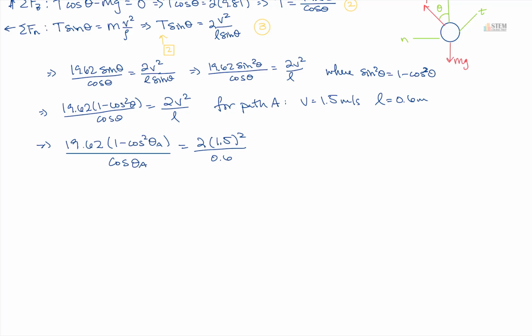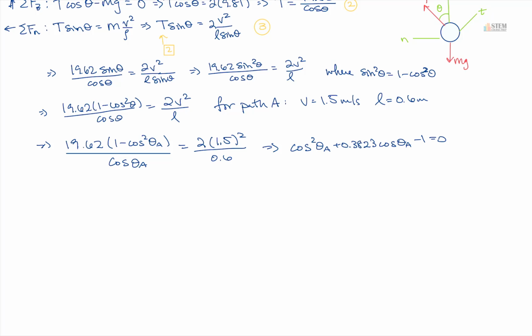All right, so if you go through, cross multiply and then group all of your like terms, what we're going to end up with is cosine squared of theta A plus 0.3823 cosine theta A minus 1 equal to 0.